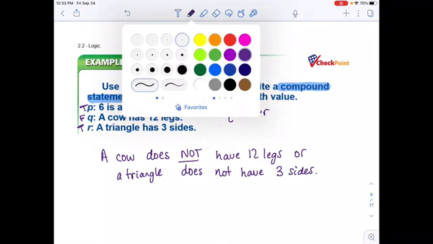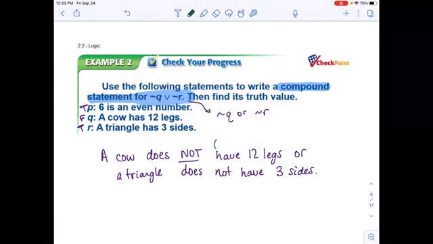Because both of these are negated, they are now both their opposite truth values. So this top one is now true. A cow truly does not have 12 legs. A triangle does not have 3 sides is false. But because it is an or statement versus an and statement, since one of them is true, the whole compound statement is true.